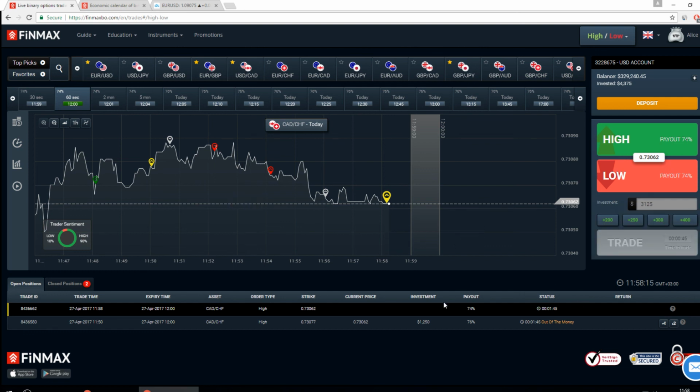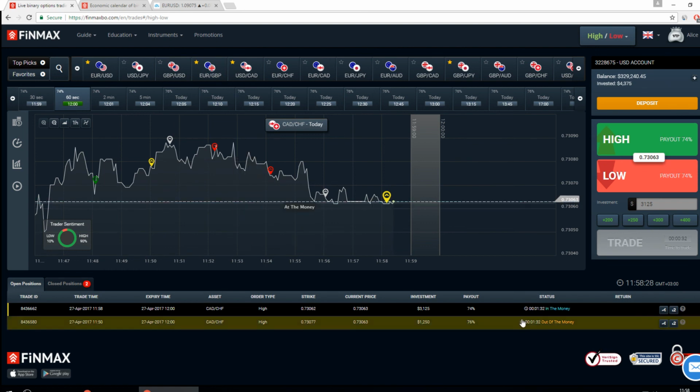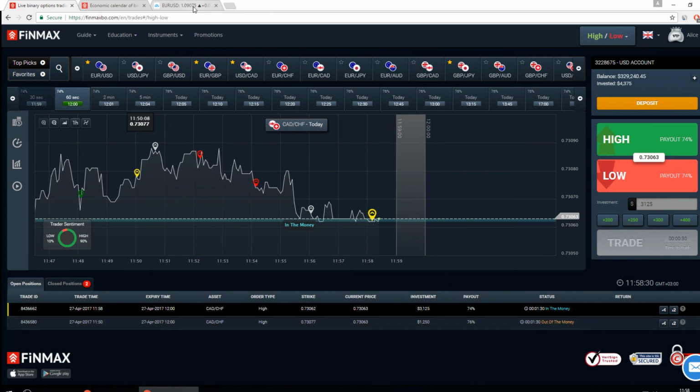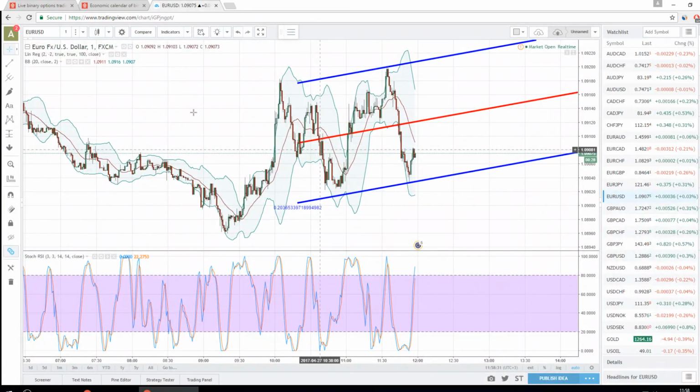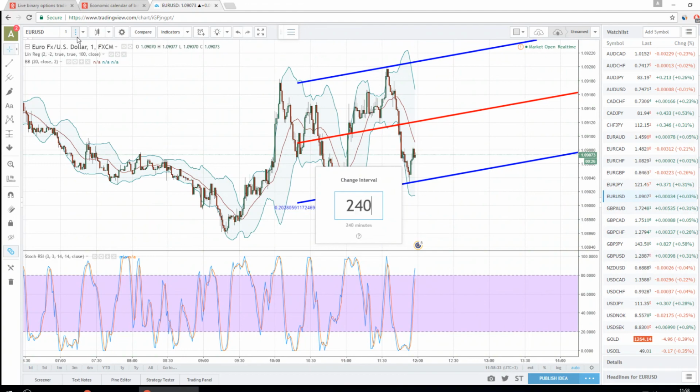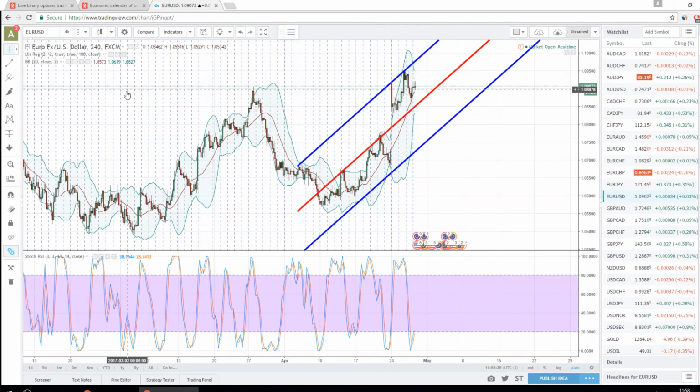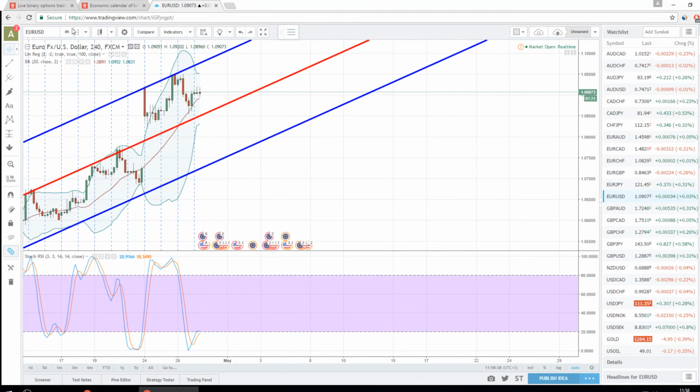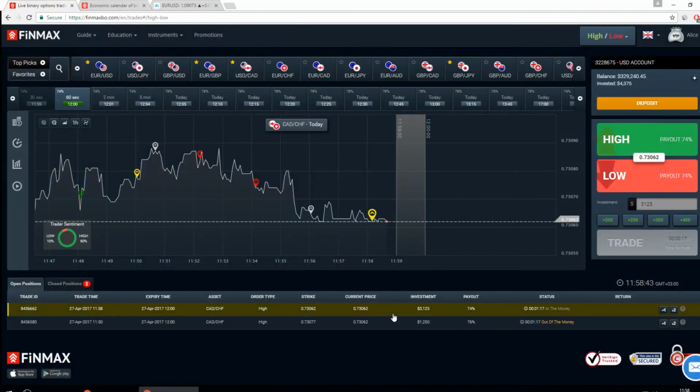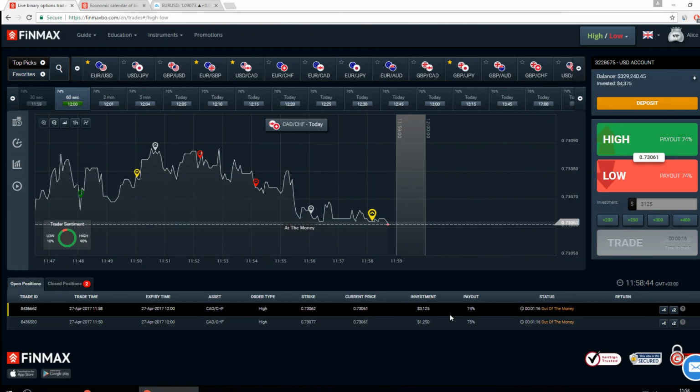Oh, it closed at the money. Instead, I doubled up the amount. For these two trades, they have the same expiry time.